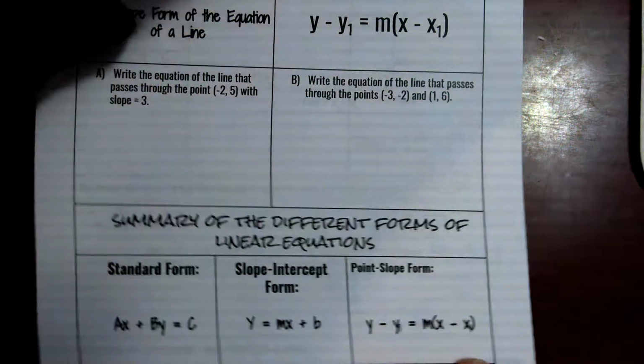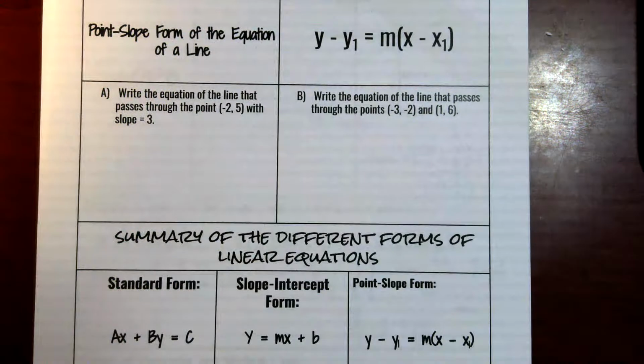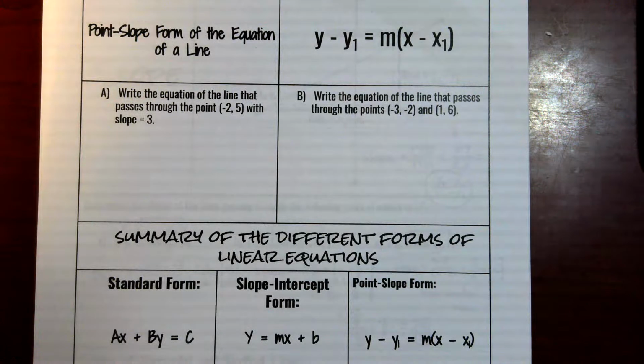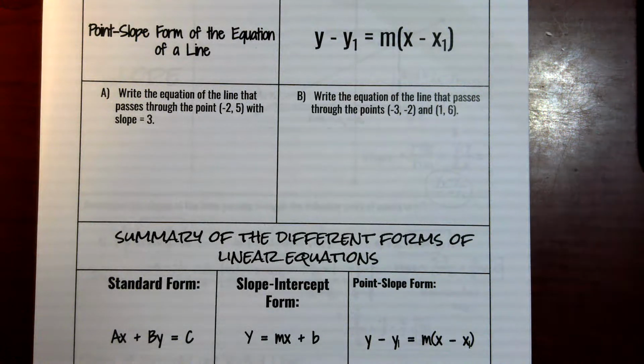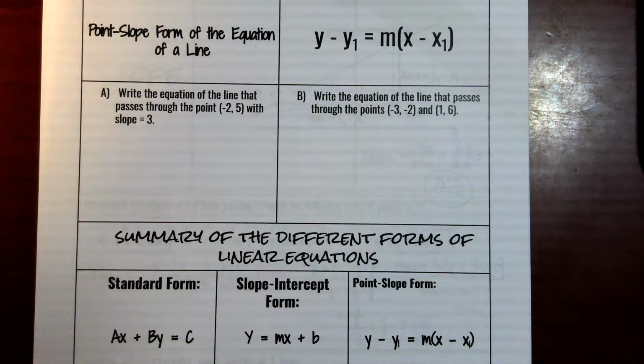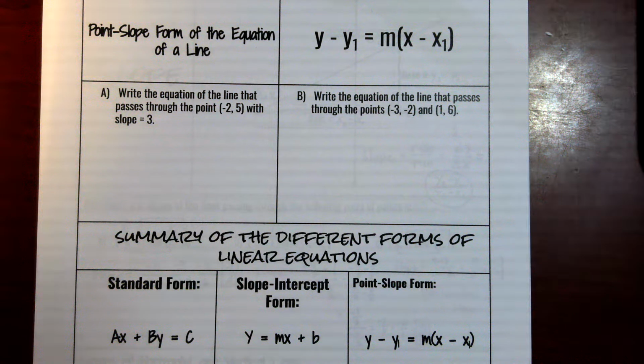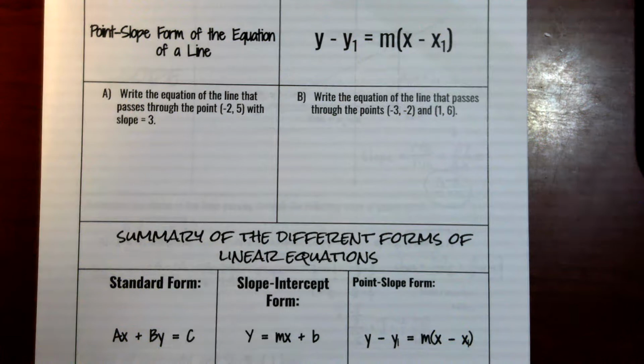All right, the final part. Writing this in this section, we'll be looking at writing the equation of a line. So you want to be able to write the equation of a line given any components of the line they give you. Maybe they give you the y-intercept and the slope. Maybe they give you the slope and another point on the line.